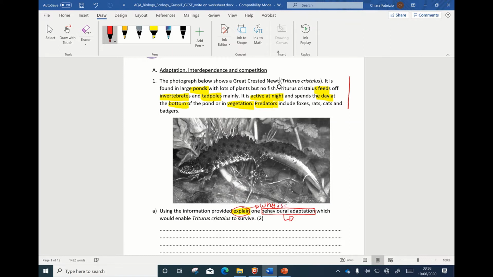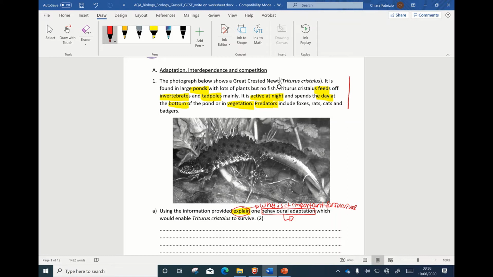And because it says explain, you're going to say why that adaptation is important for survival. So what is the behavioral adaptation and why is it important to survive? I'm going to leave this up to you to figure out. If you read it, I'm pretty sure you can figure it out.